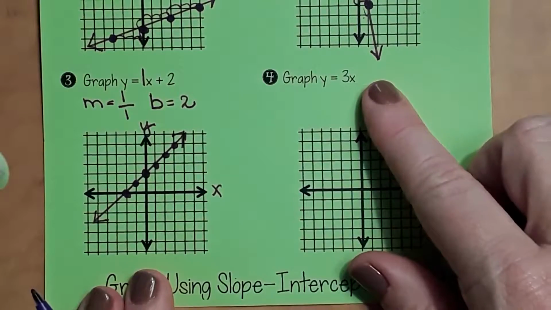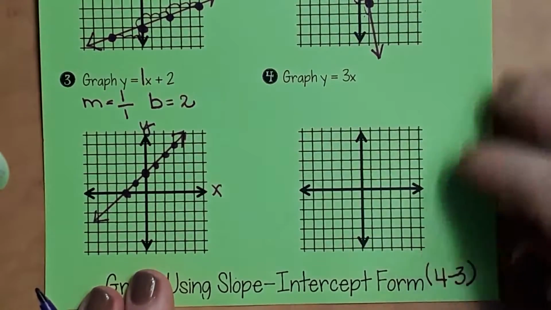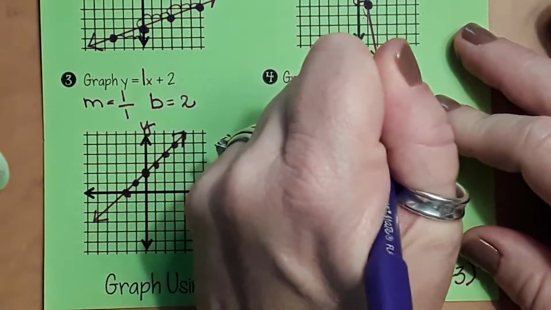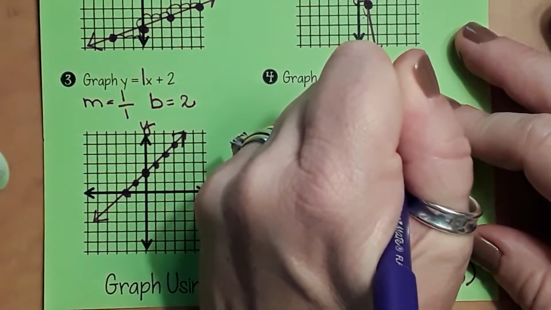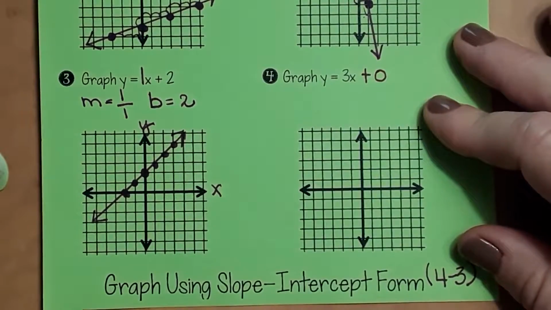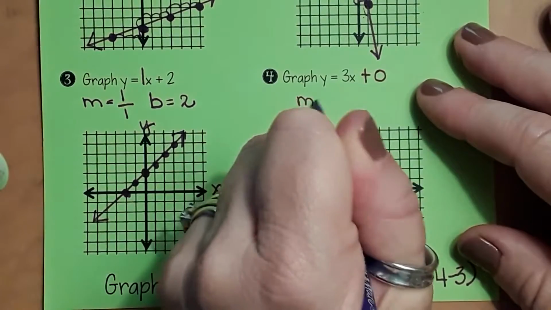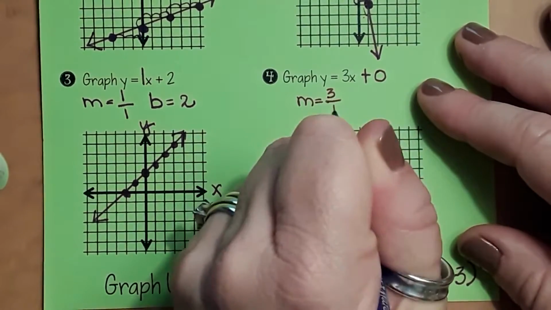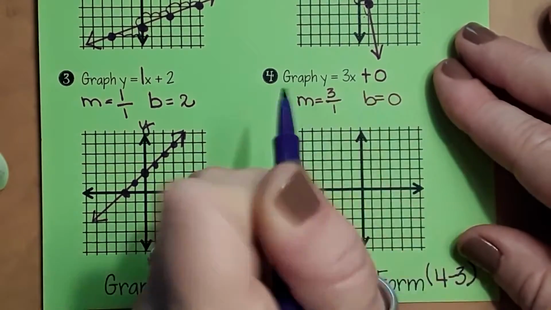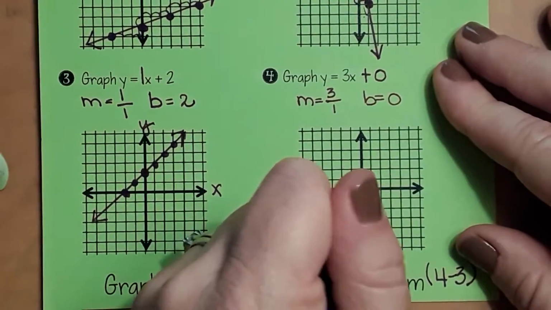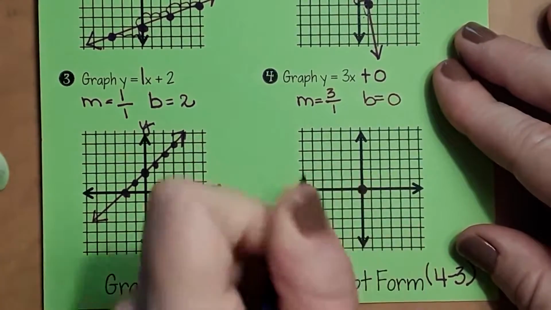Remember we discussed before that if there was nothing past the x, this could be 0, where it's going through the origin, meaning it's a proportional relationship. You can write +0. So your m is 3 over 1, and your b is 0, meaning that the line is going to start at the origin.